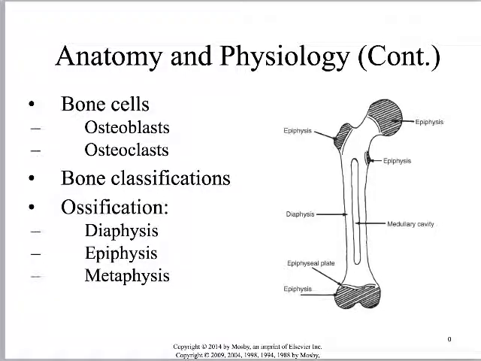Conversely, osteoclasts are responsible for breaking down bone. And you might be wondering, well, why would we ever want to break down bone? Well, within the medullary canal, we can harvest bone if we need calcium. So if the body is depleted of calcium, osteoclasts will be activated in order to break down bone inside the cancellous material there. And this allows for changes in serum calcium or serum phosphorus.